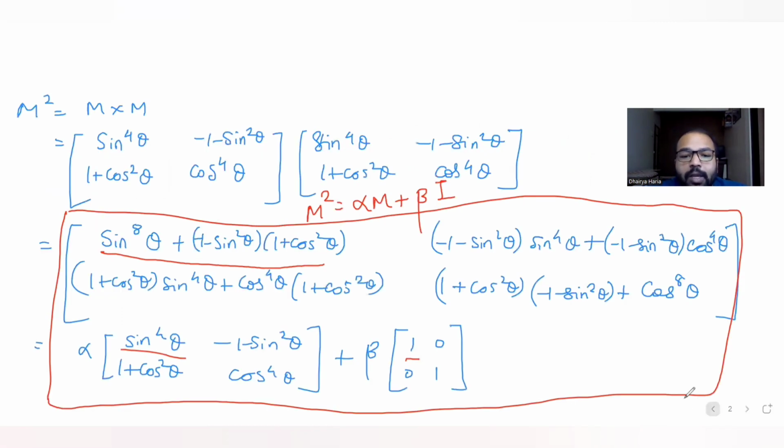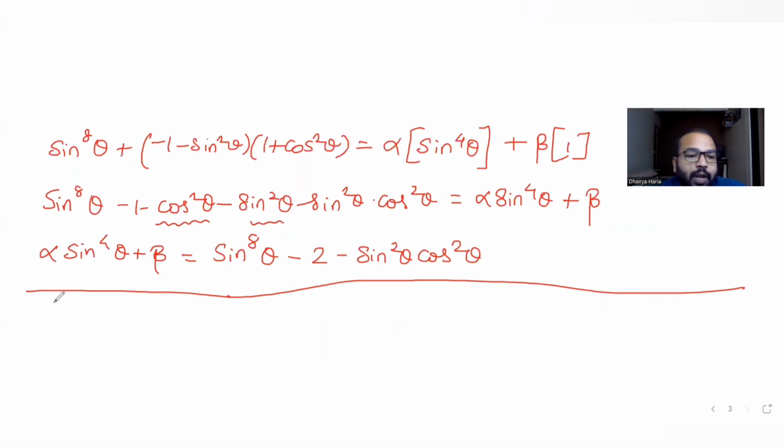Further, if I equate the next elements, so if I equate this with this now, it gives me 1 plus cos square theta, which is common in both of them. So I can take 1 plus cos square theta directly common. I will be left with sine raised to 4 theta plus cos raised to 4 theta, and 1 plus cos square theta common.